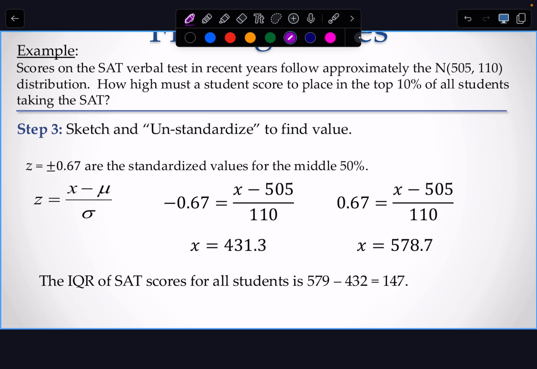So even though my normal rounding rules would say round down to 431, I need to make sure I capture at least 25% for that percentile. So I need to round up to make sure I get as many values as I need for that 25th percentile, which is why we round it to 432.